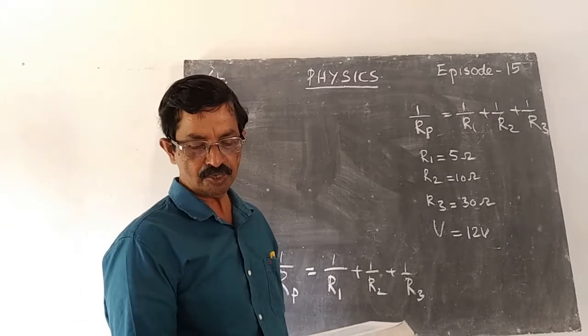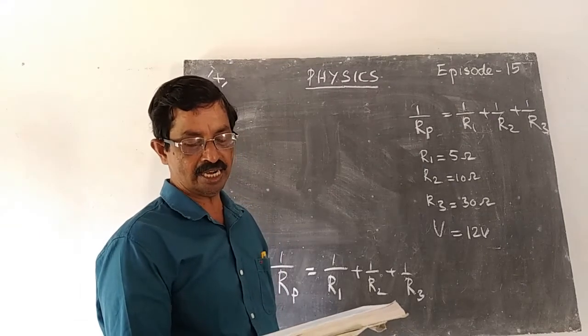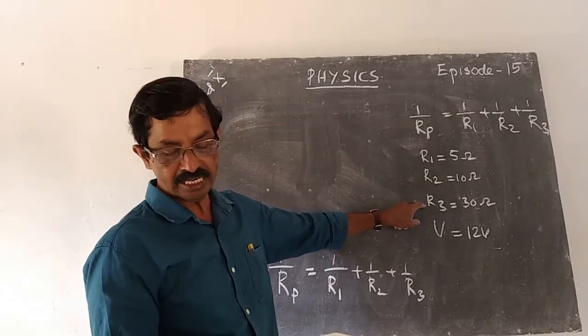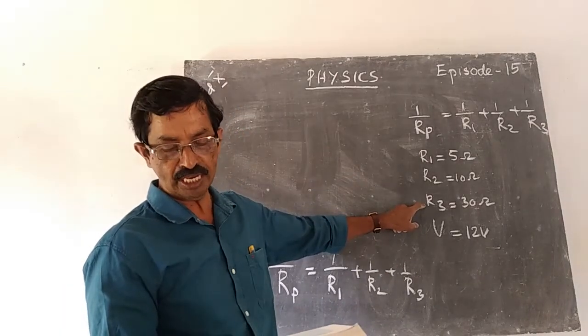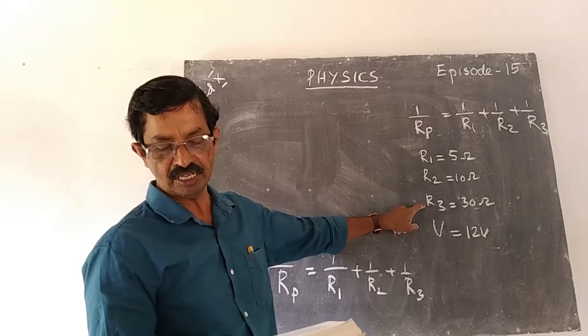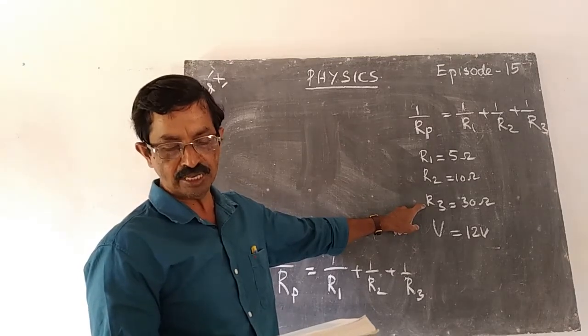These are the given quantities. Once again, suppose the resistors R1, R2 and R3 have the values 5 ohm, 10 ohm and 30 ohm respectively, which have been connected to a battery of 12 volt. Calculate the current through each resistor.